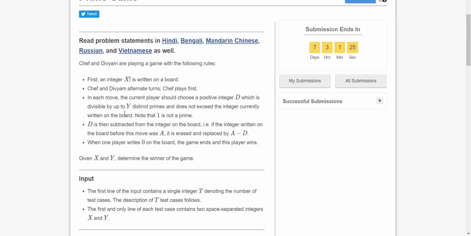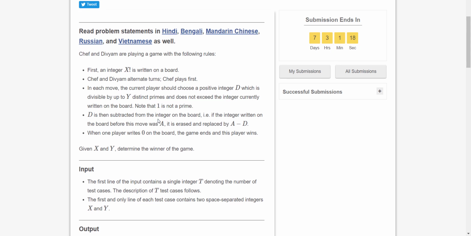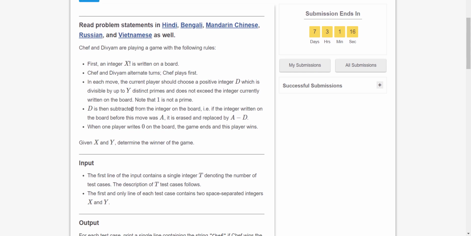Note that 1 is not a prime, that we all know. We are studying since childhood. d is then subtracted from the integer on the board, that is, the integer written on the board before this move was a. It is erased and replaced by a minus d. When one player writes 0 on the board, the game ends and that player is the winner. Given x and y, determine the winner of the game.